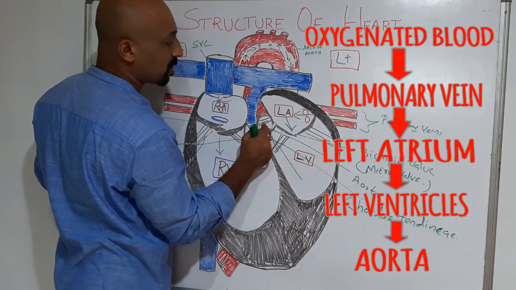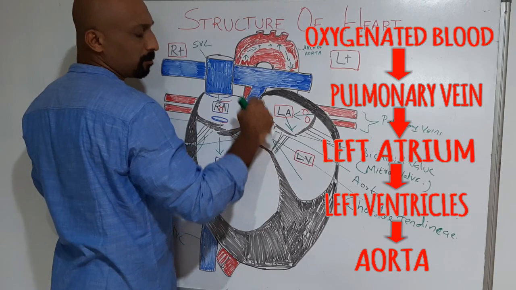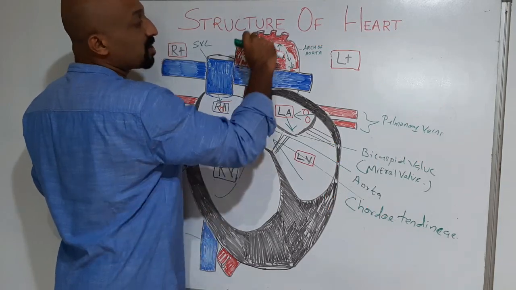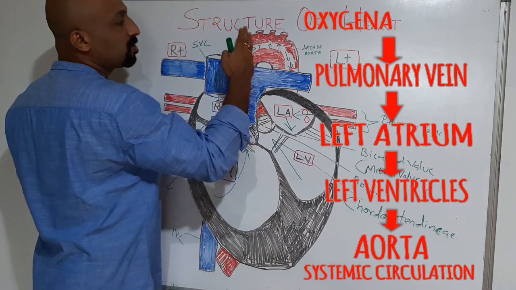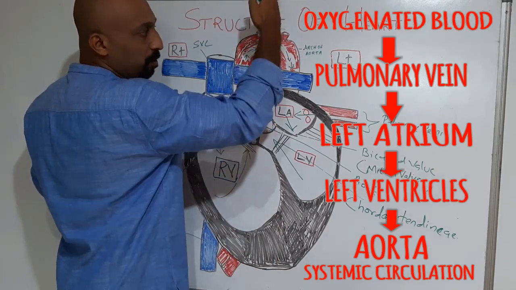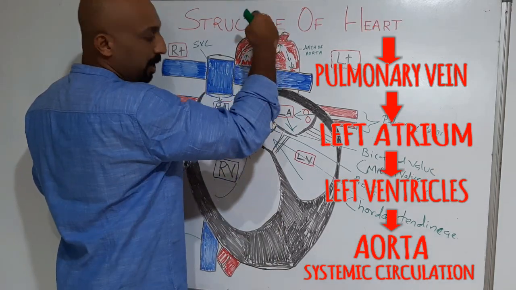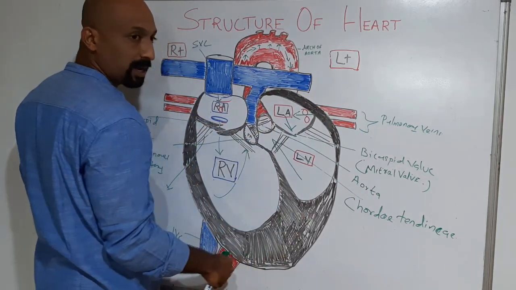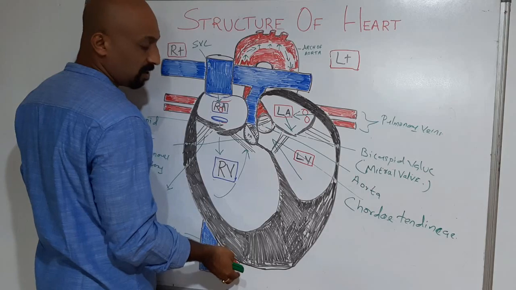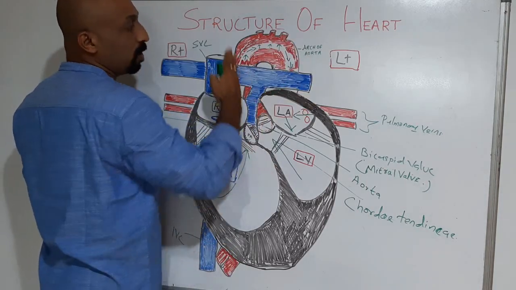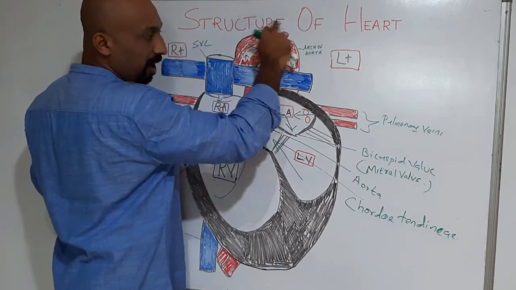The aorta is the great vessel which carries blood to all vital organs of the body. The primary portion, 25% of the blood, goes to the brain, and it reaches other vital organs such as the kidney, spleen and liver. When it curves like an arch, it is called the arch of aorta.